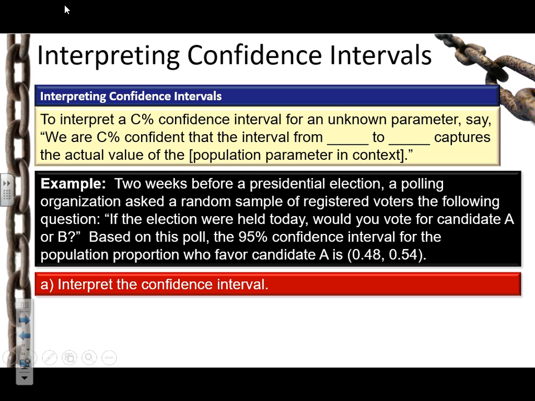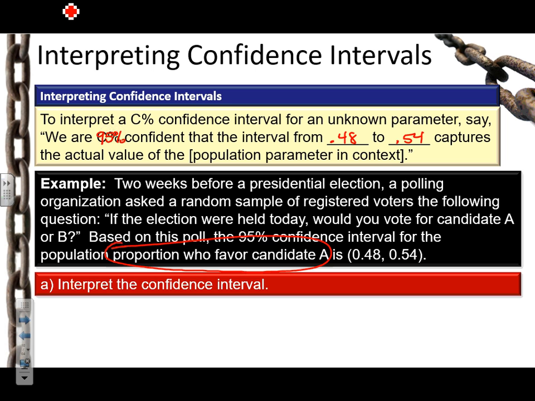So if we want to interpret this, what statement would we make? We are 95% confident that the interval captures the actual value of the... There we go.